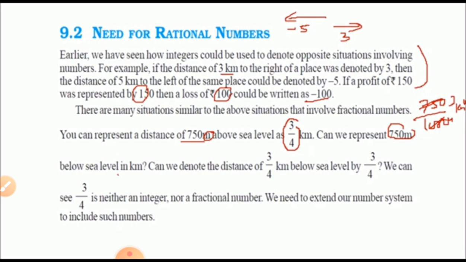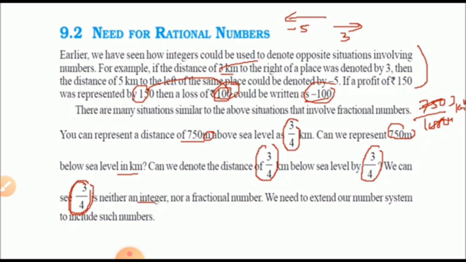Our number system must include such numbers. This is neither an integer nor a fractional number. We need to extend our number system to include such numbers. So this is the main difference between fractions and rational numbers.